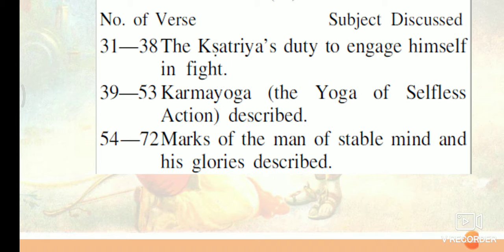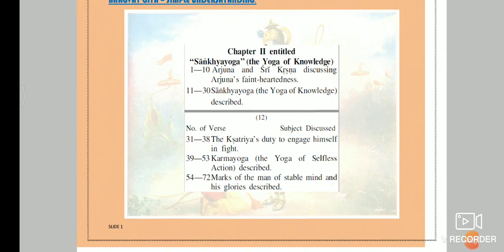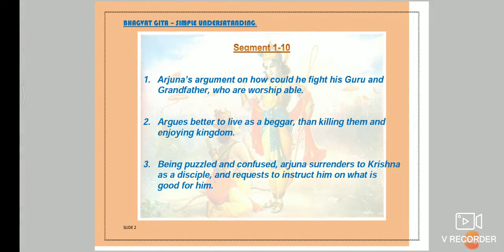In all these 3 categories, Krishna explains how to attain a stable mind. Arjuna asks about a person who has already attained it: how he eats, sits, gets up, walks, behaves. We will recap this today. So we'll move to segment 1.